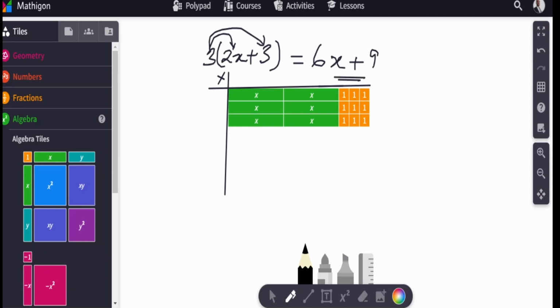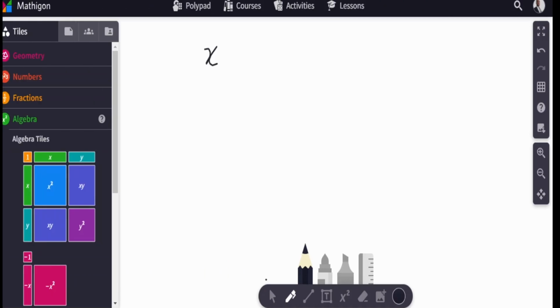Let's model another one. Say x multiplying 3x plus 4. So again, we model that in our T-chart quickly.